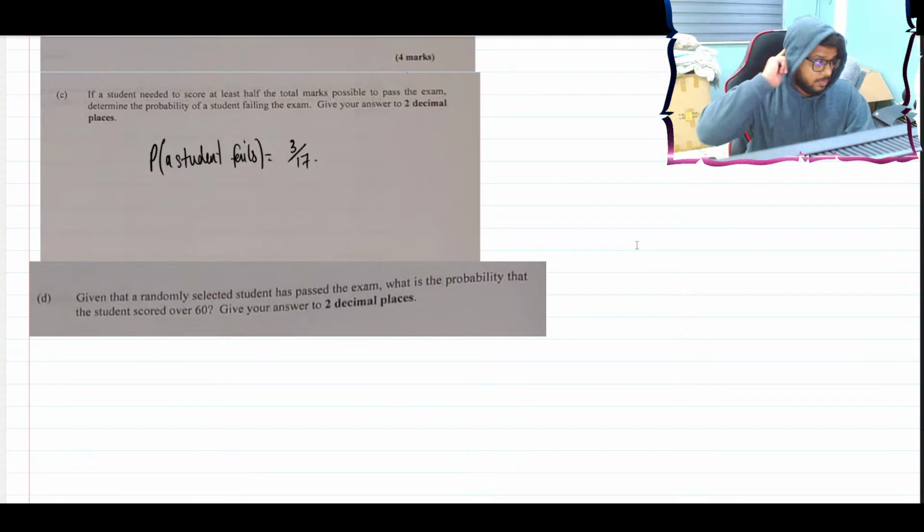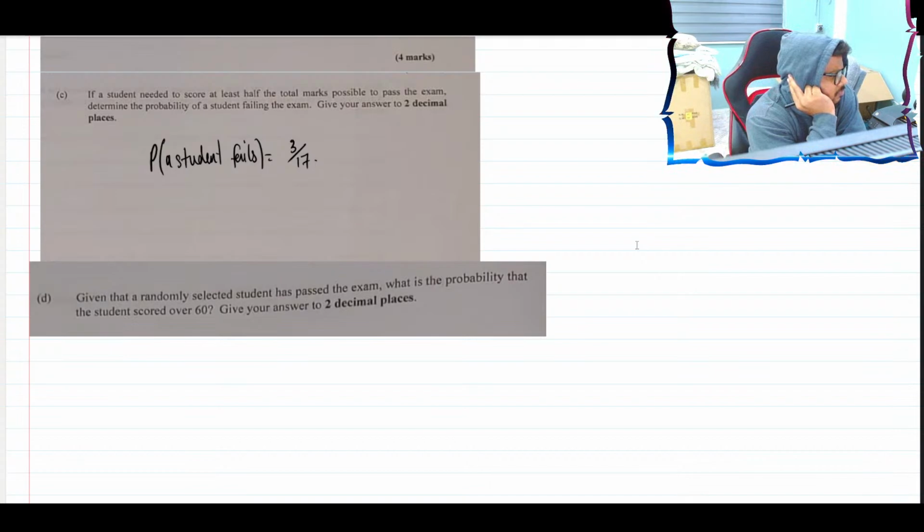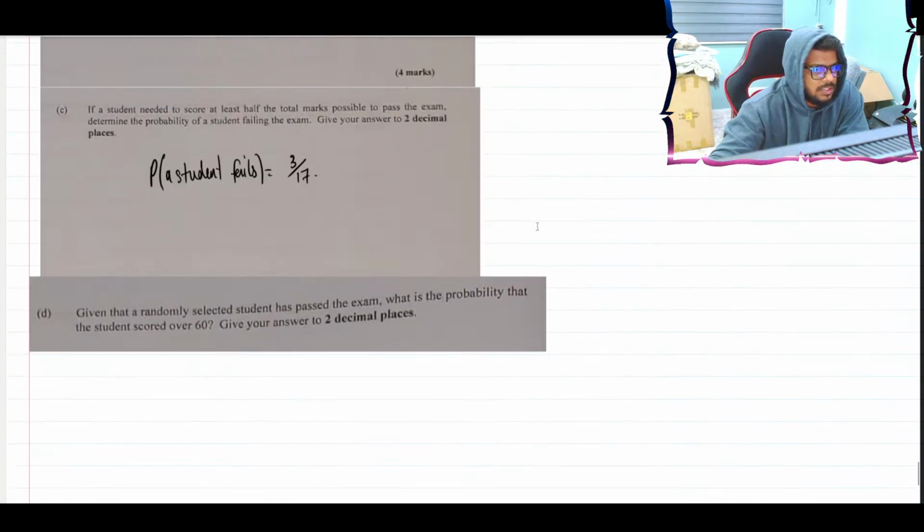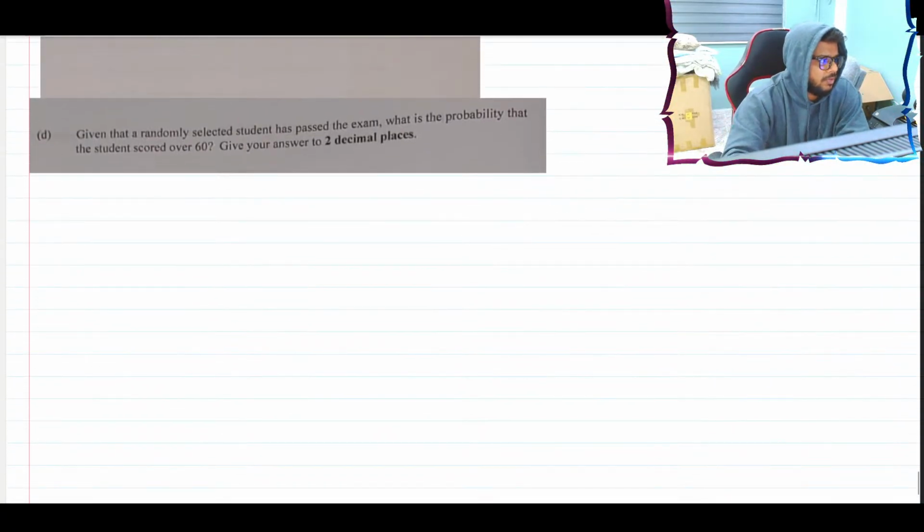We could observe the paper, and see how many students pass the exam. If 3 students failed, 14 students would have passed the exam, right? So we have the students who pass the exam. Let me do it in stride.